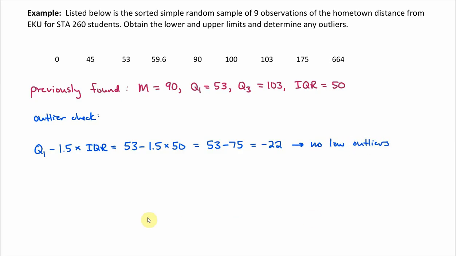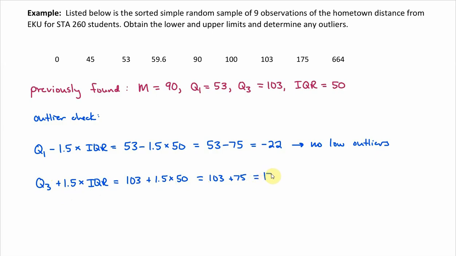And then on the upper end, I don't think there's a lot of suspense here with what's going to happen. That 664 is pretty big. So third quartile plus 1.5 times the interquartile range. That'll be 103 plus 1.5 times 50, so that's 103 plus 75, which will be 178.